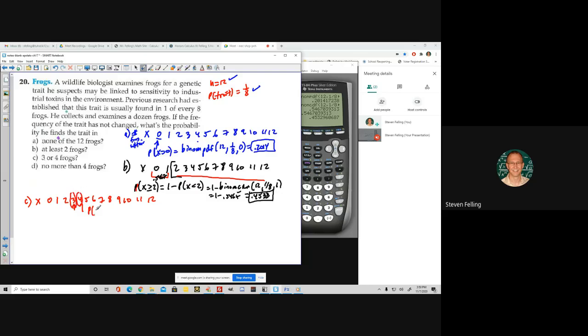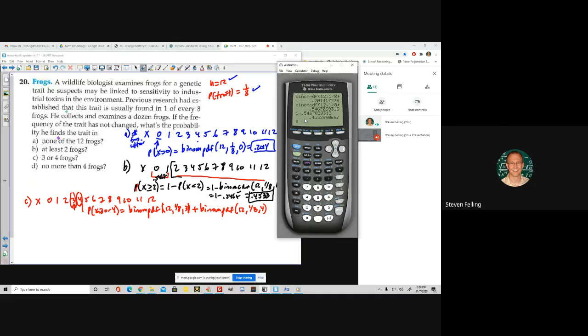So the probability of x being 3 or 4 frogs would be a binomial PDF because that applies to a single case for 3 frogs having it. And then because it's or, I would add binomial PDF 12, 1/8 for the 4 case, right?